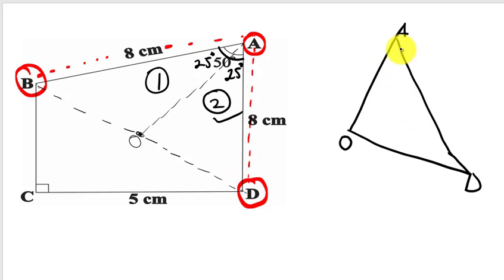It means that from the A to the D, we know that it was given, and that was 8. Now we know the angle here to be equal to 25. But there's also going to be an angle here which is 90 degrees. The reason why it is 90 degrees is that because this was a perpendicular line, the line AO was a perpendicular line, the angle that will be forming here is 90 degrees. So the angle here is also 90 degrees.